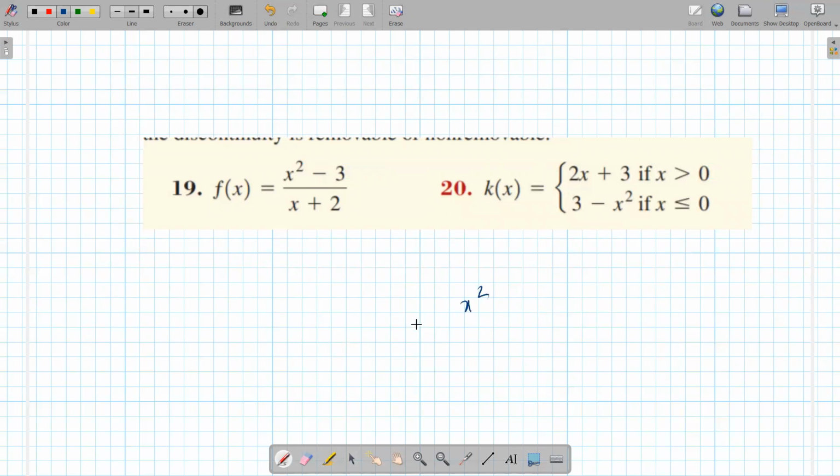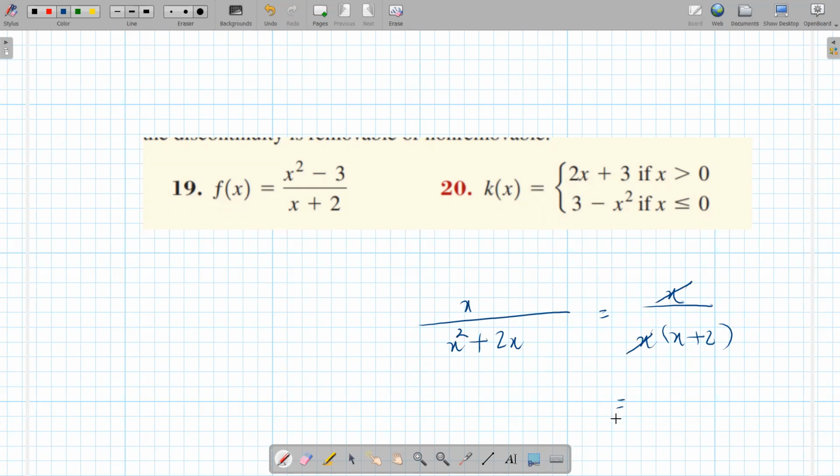If you have something like x squared over x squared plus 2x, what can we pull out in the denominator? We can pull out x. And now what am I left with? x plus 2, right? You see, this is going to cancel out with this.